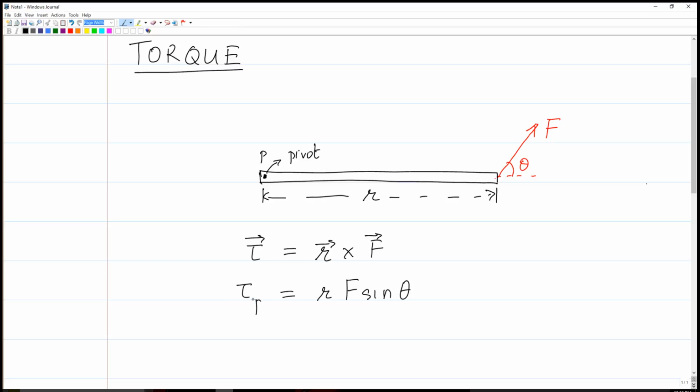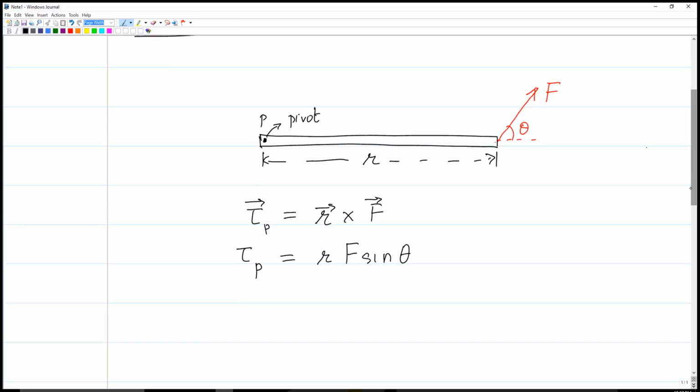Now this is all about this point P. This concept of torque being about a certain point will become important when we study equilibrium, because in principle we can find the torque that a force exerts about any point. All that will become clear in the forthcoming videos. So the torque about point P, the magnitude is simply R F sine theta.